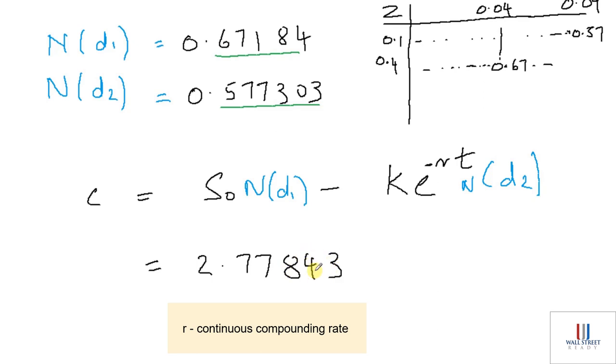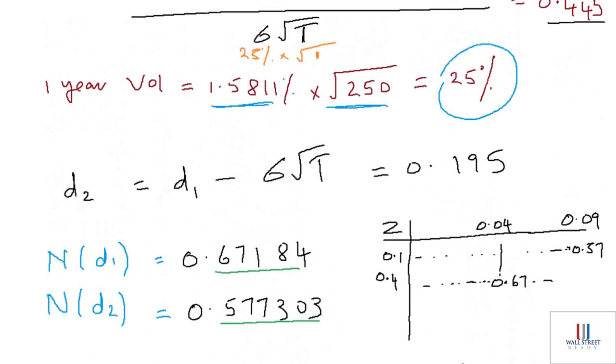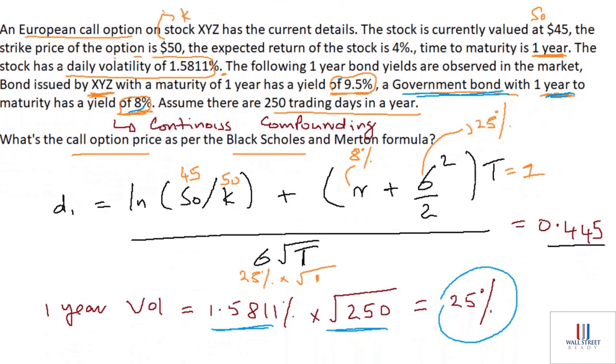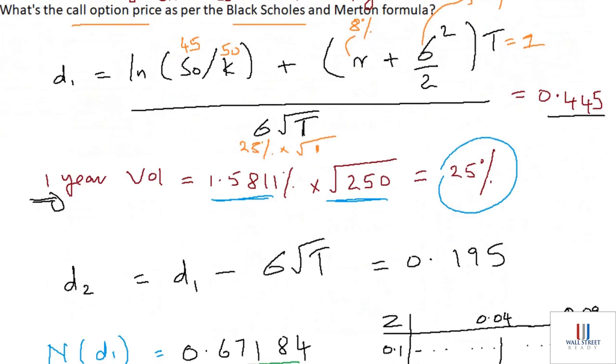2.77843. So remember what we did here when we tried to calculate the call option price, we had to make a few small observations. The daily volatility has to be transformed into an annual volatility. We did that here. We found the risk-free rate of return using the government bond yield. That's here. And once we do those two, you can calculate the D1 and D2.